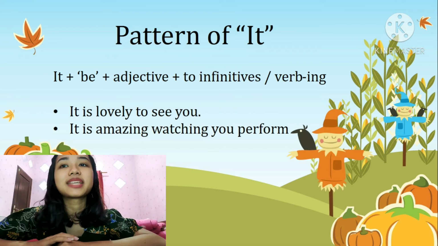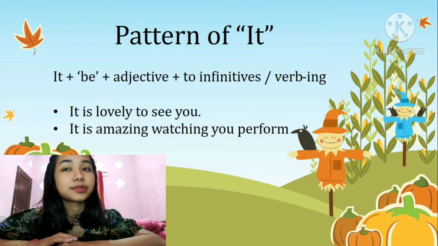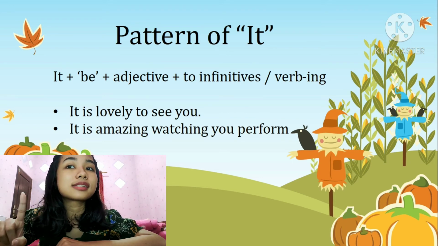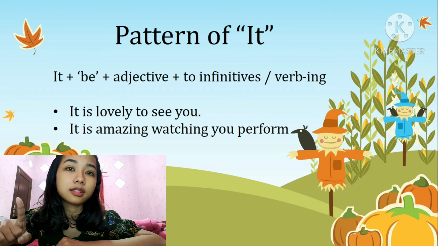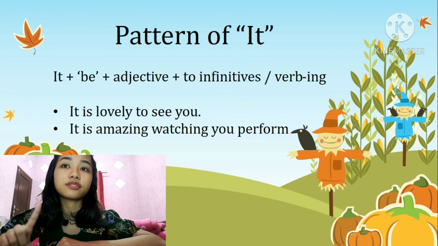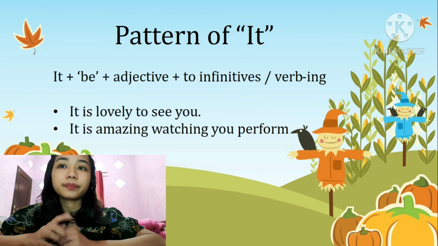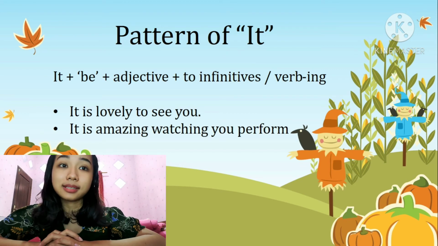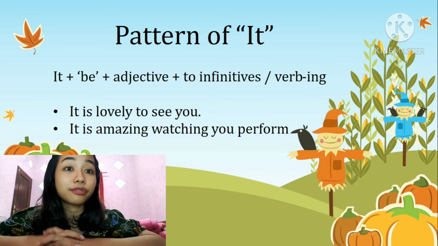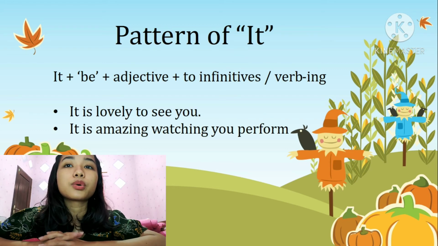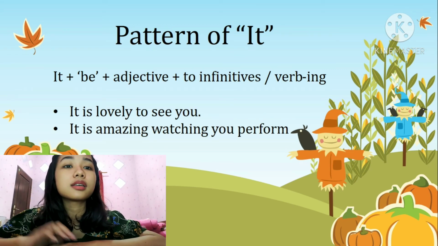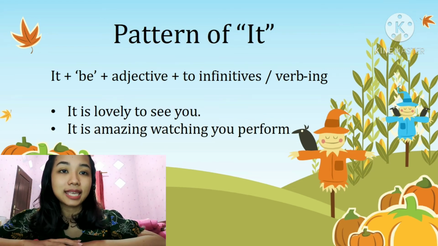For example, it is lovely to see you. This sentence uses a to-infinitive, to plus see. And the second sentence, it is amazing watching you perform. The last sentence uses verb-ing.